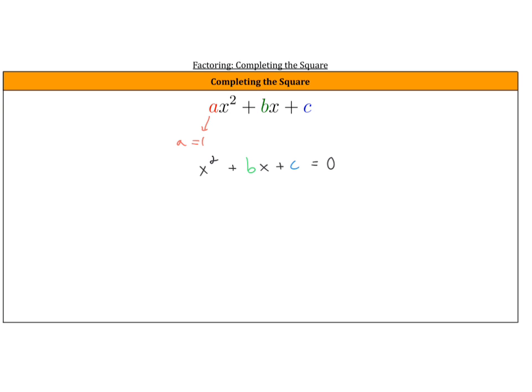When we complete the square, what we need to do is get rid of any singular numbers. In other words, anything that is just a constant, just a number, needs to go to the other side of the equation. We do that with whatever opposite operation is needed. Because I'm adding c, we will subtract c from both sides.